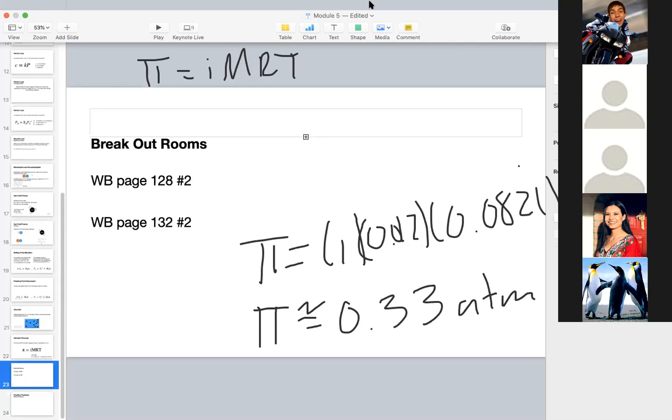Module 5's math is mostly focused on just plugging stuff in. So I hope this math wasn't too difficult. But yeah, any questions on the osmotic pressure or really anything that was covered during this module? No?